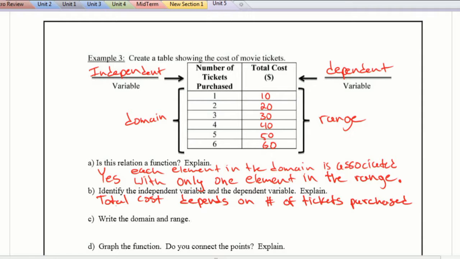And from up above, the total cost is my dependent, and number of tickets is my independent.